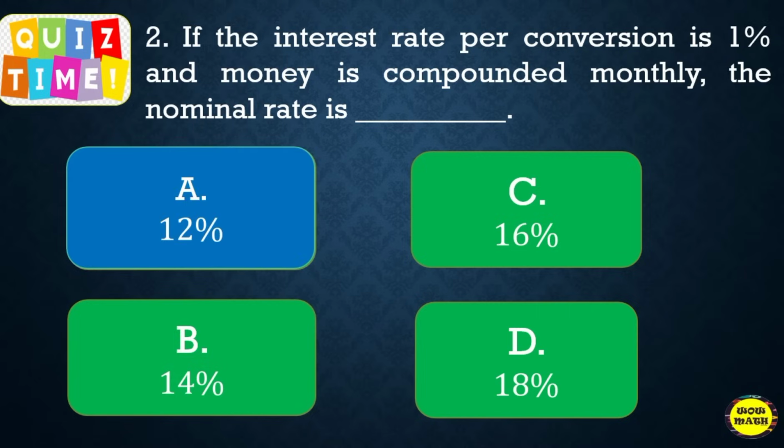Okay, so the answer is 12%. Okay, ang binigay dyan is yung interest rate per conversion, no? Yung I. So, kukunin natin yung R.